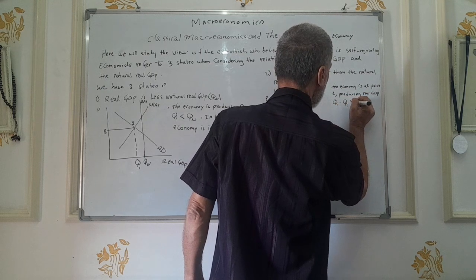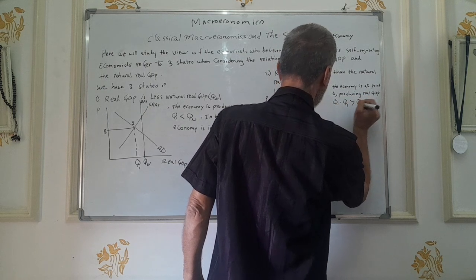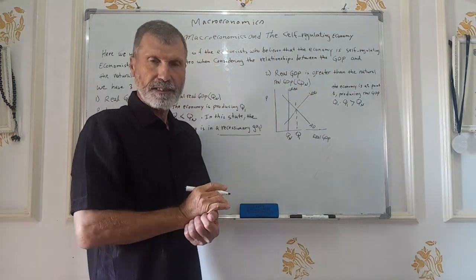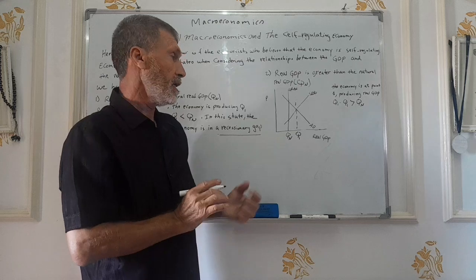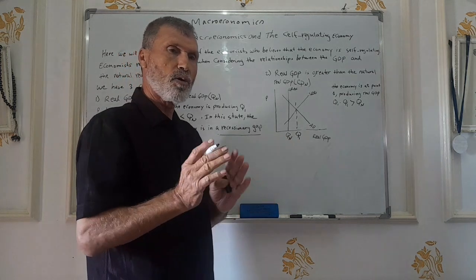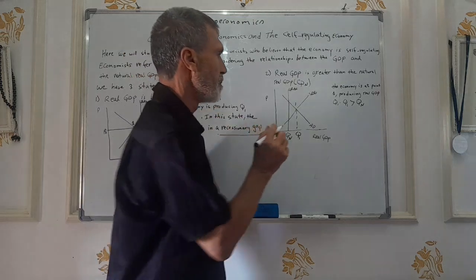Q1 is greater than Qn. So in this state, when Q1 is greater than Qn, we call it an inflationary gap.